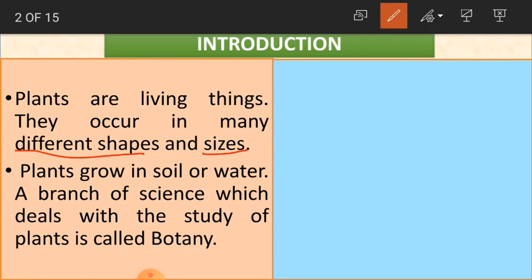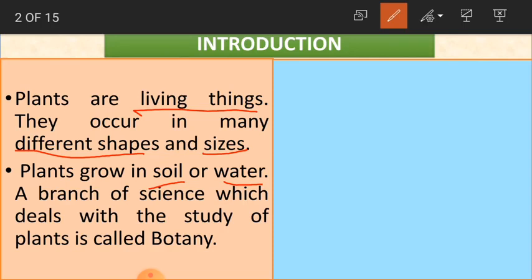Okay, children? So plants are living things. They occur in different shapes and sizes. Now, plants grow in soil or water. Plants grow in soil or water. Yes, you have seen plants growing in soil around your surroundings, like outside your home or on the roads. Most of the plants you see grow in the soil.